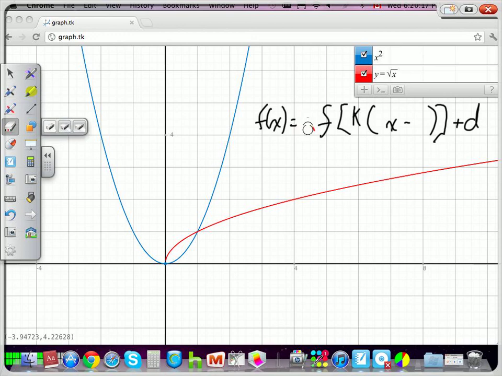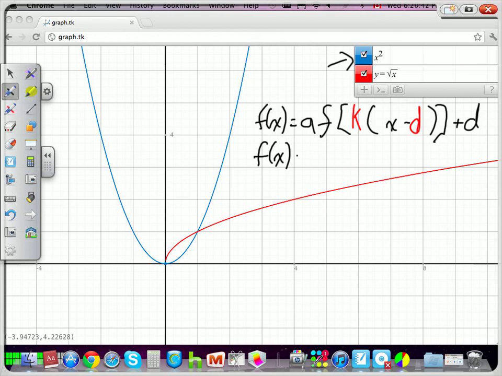We'll do vertical things in black and horizontal things in red. Remember I told you that these will affect how our graph looks.